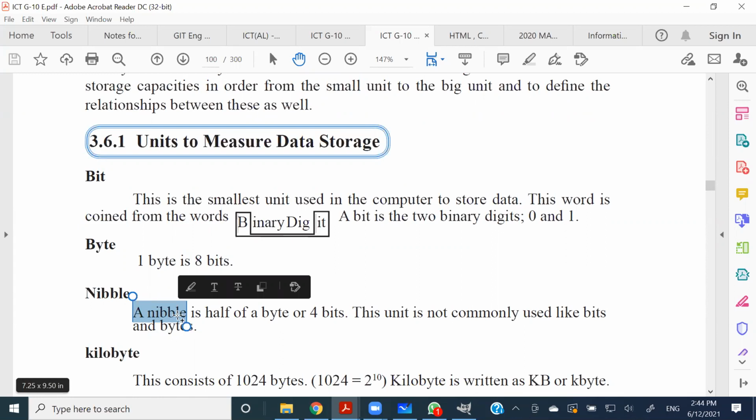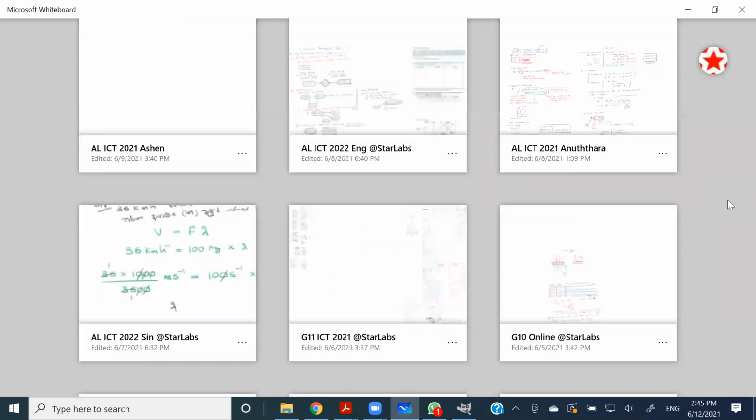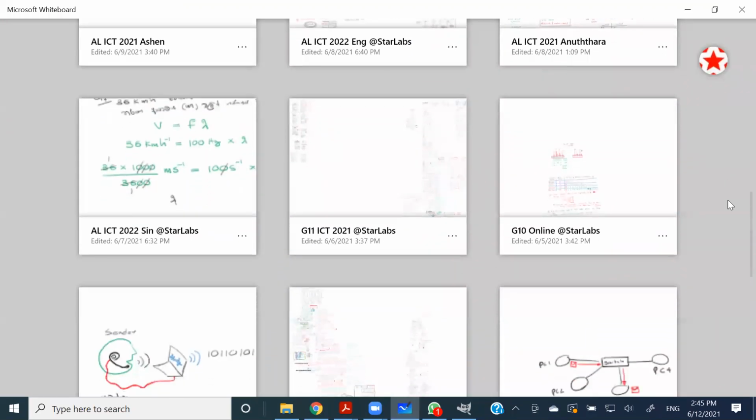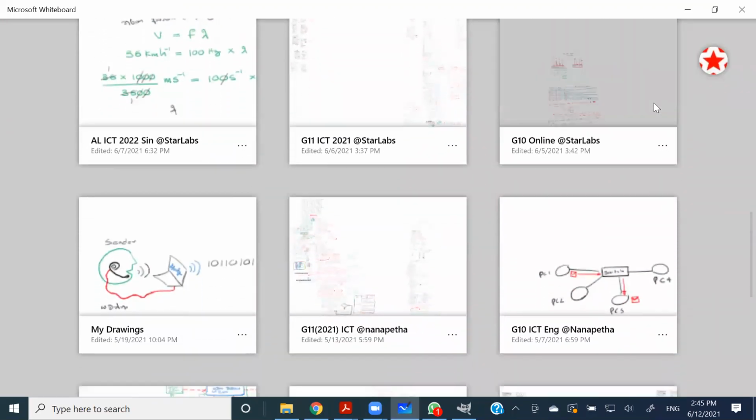We are not very much into this unit when we are talking about capacities, but we use bit, byte, kilobytes, megabytes, gigabytes, and all these things. And I'll show you the relationship with the capacities. Okay, let me take your whiteboard. Here we go.